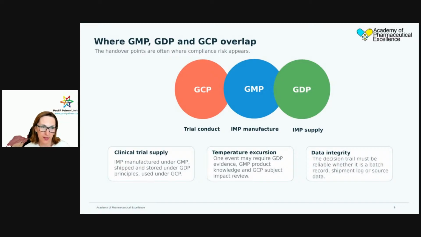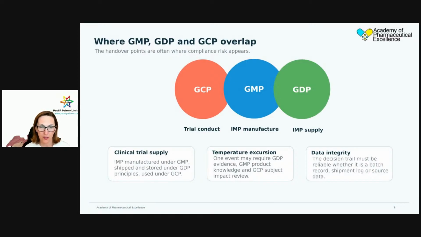There we have another example, which is a temperature excursion involving trial medication. GDP evidence may be needed to show the time and temperature profile. GMP product knowledge may be needed to assess the product stability and the quality impact. So if you did have a temperature excursion, your GMP product knowledge will be able to say whether you can still use the product or whether the product is no good.